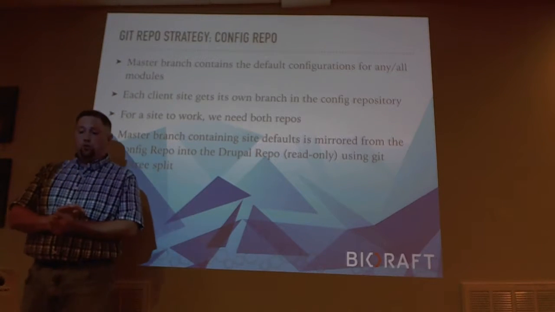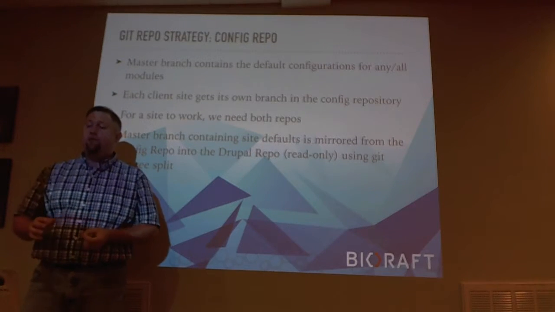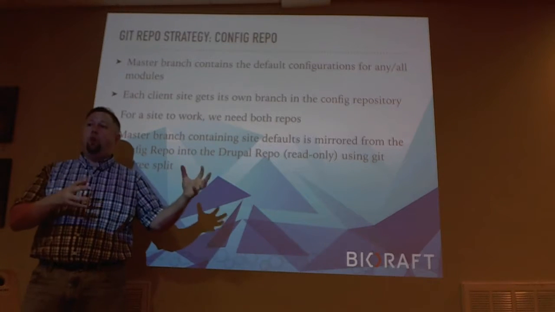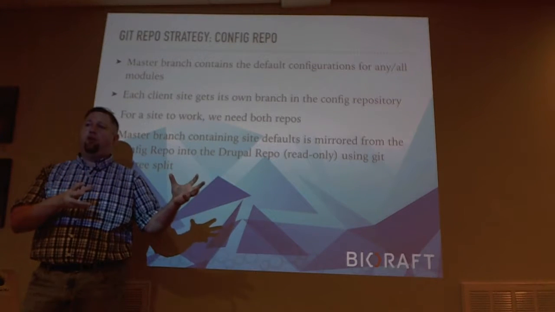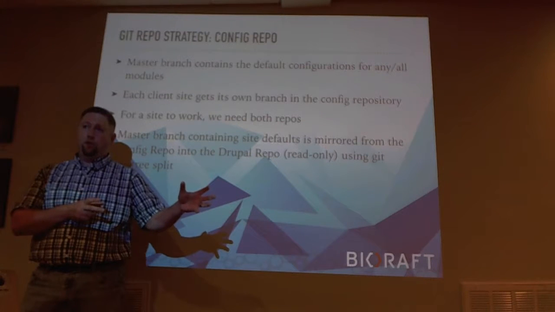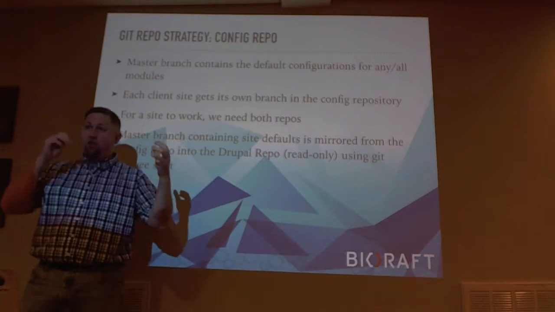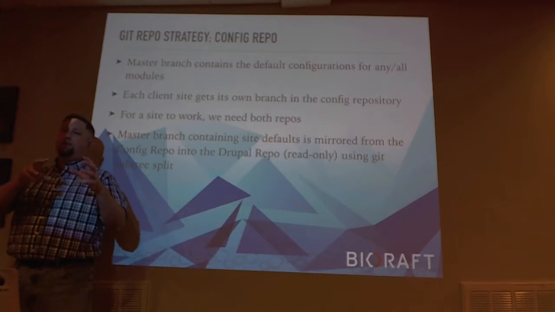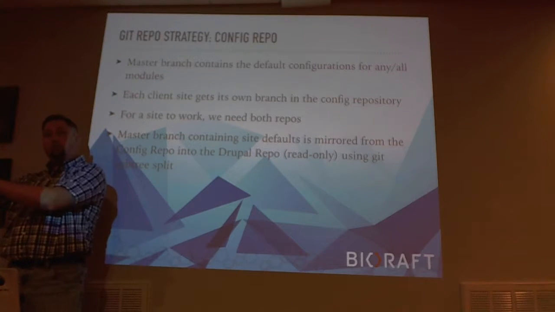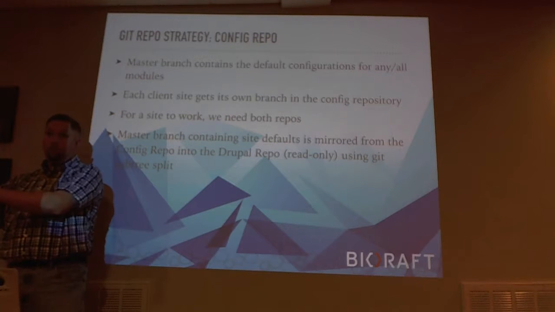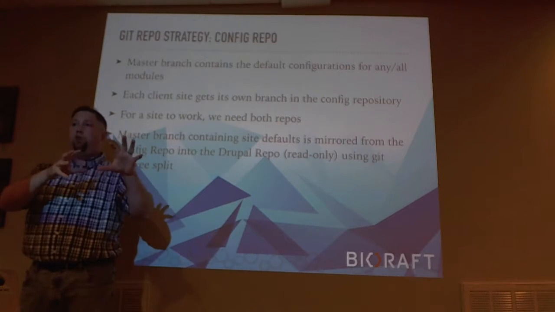What you can then do is your site defaults. One way you could do this is you could put your master configuration in your code repository. So as you're working on code, you've got your master configuration right there. And then you can go and mirror just that master configuration into your configuration repo as read-only. Okay, so now you've just got one place where you edit it.